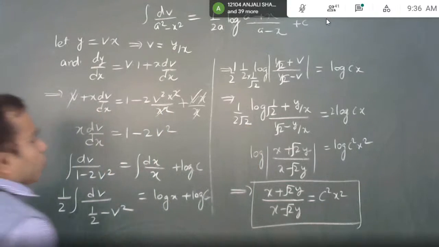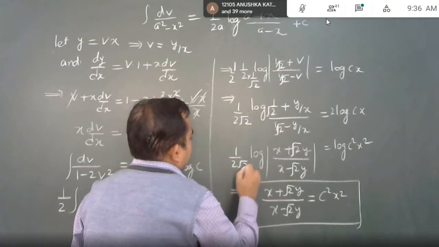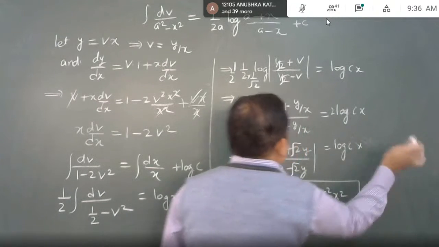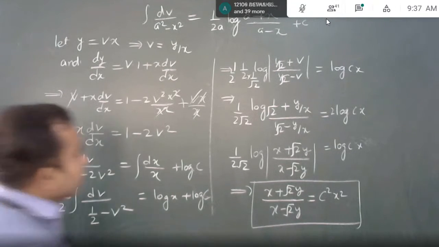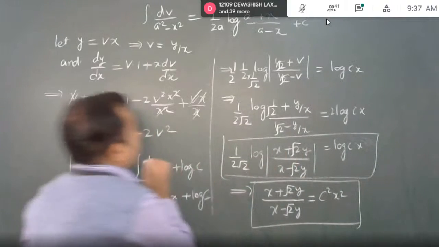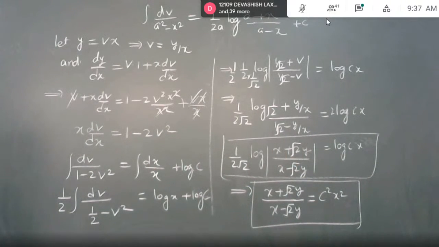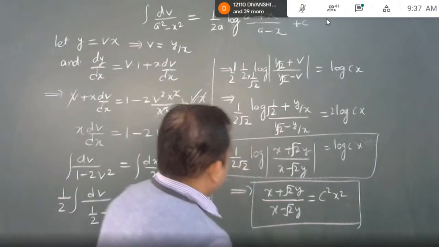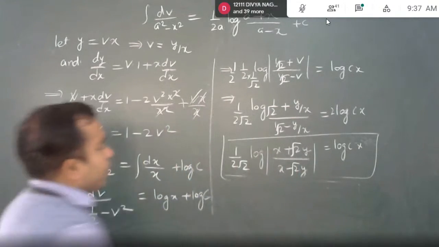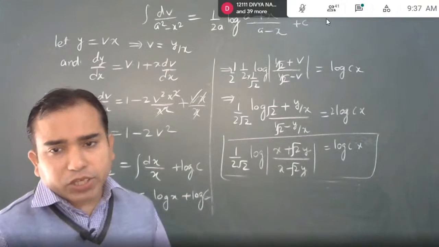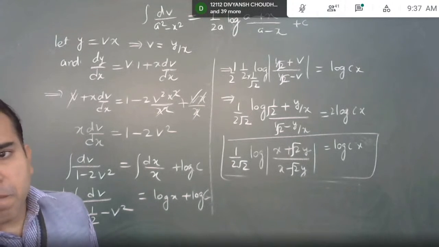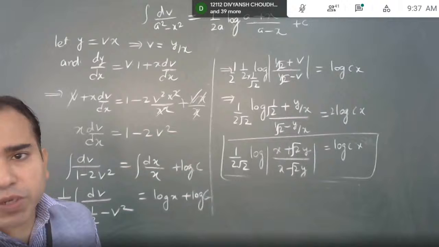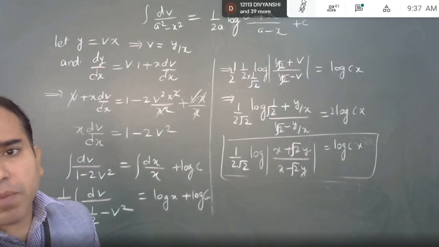So it is better to keep 2√2 as it is, right? If we send it to the exponent, it will not look very beautiful. Is this the right answer? Check students, is this the right answer? Yes, sir. Final, exactly matching, or if any mismatch is there, minute mismatch is there? Correct, sir. Correct? Okay, let us move towards the next question.